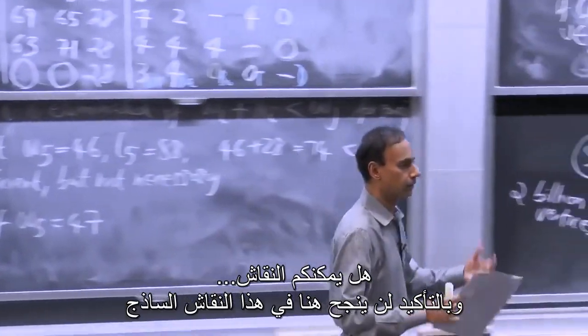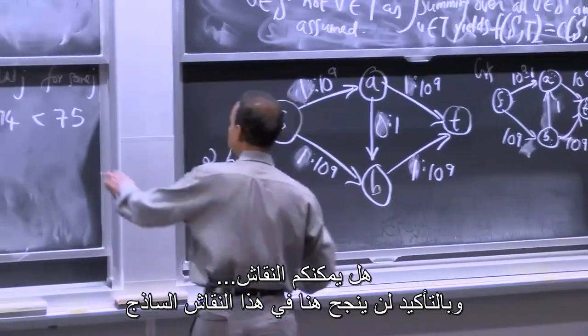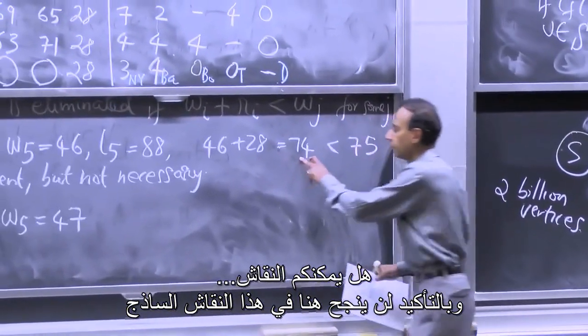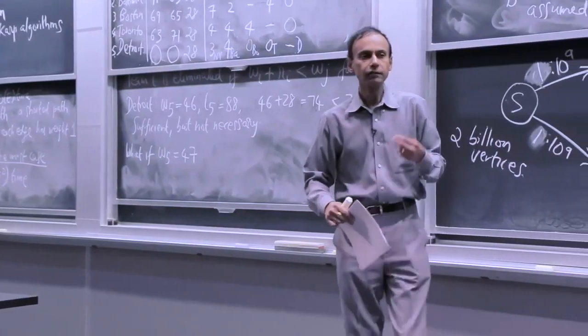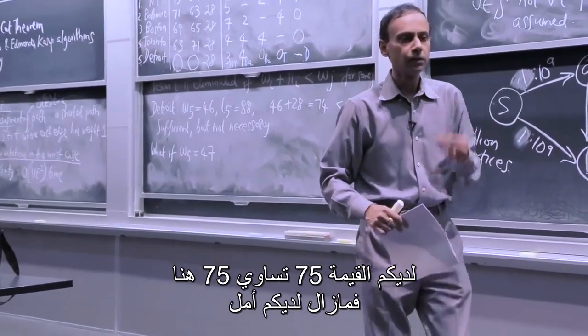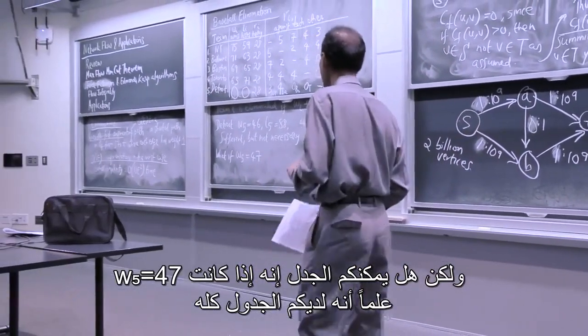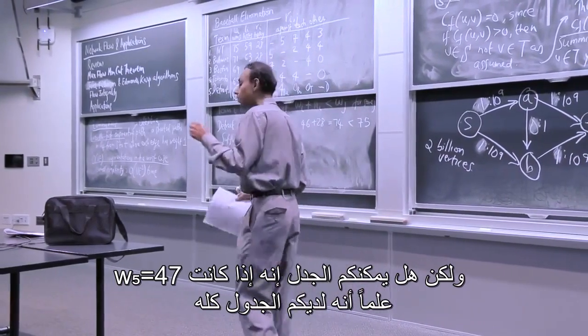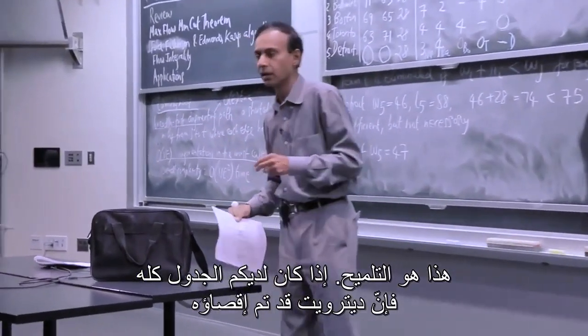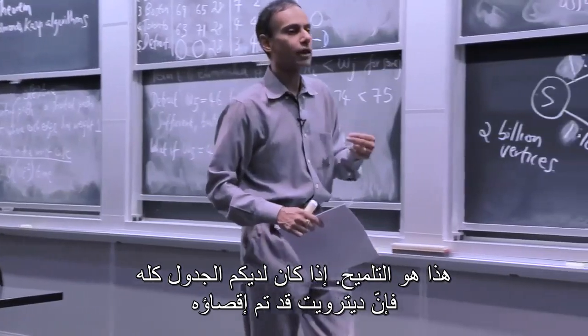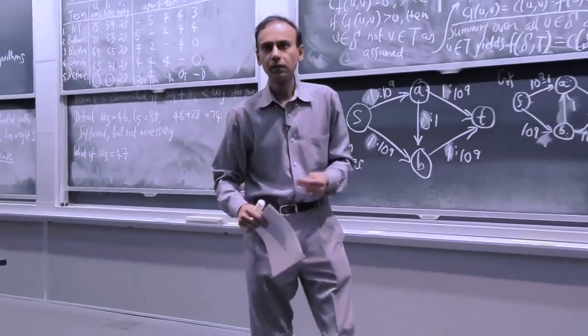Can you make an argument, which clearly doesn't work with this naive argument? You have 75 equals 75, so you still have hope. But can you make an argument that if W5 were 47, given the whole table, that's the hint, the whole table, that Detroit was actually eliminated, right?